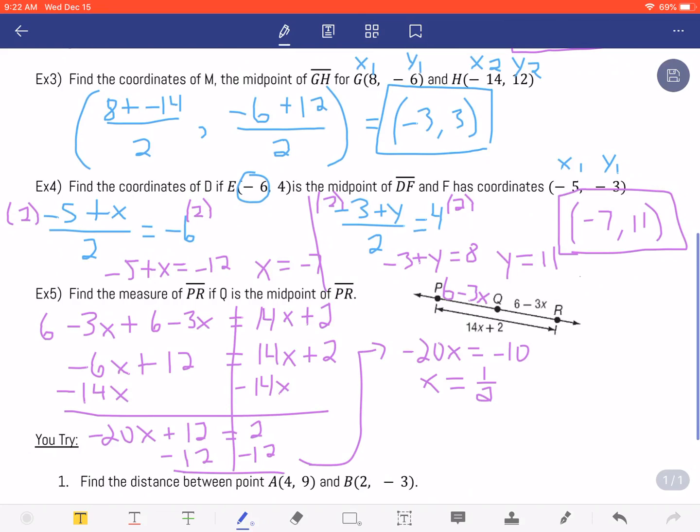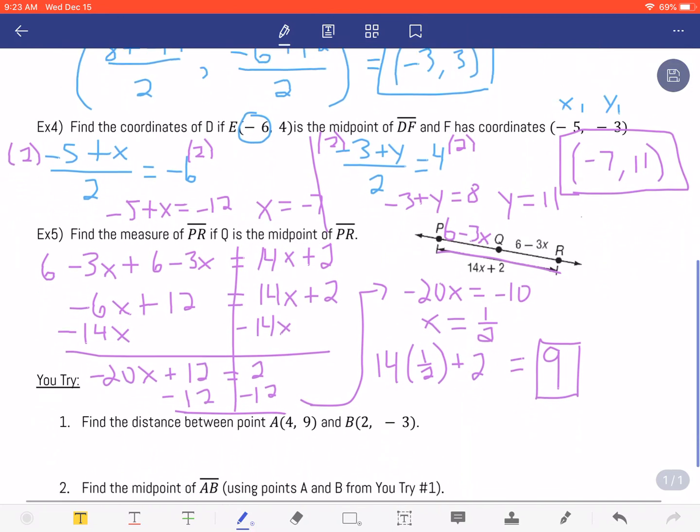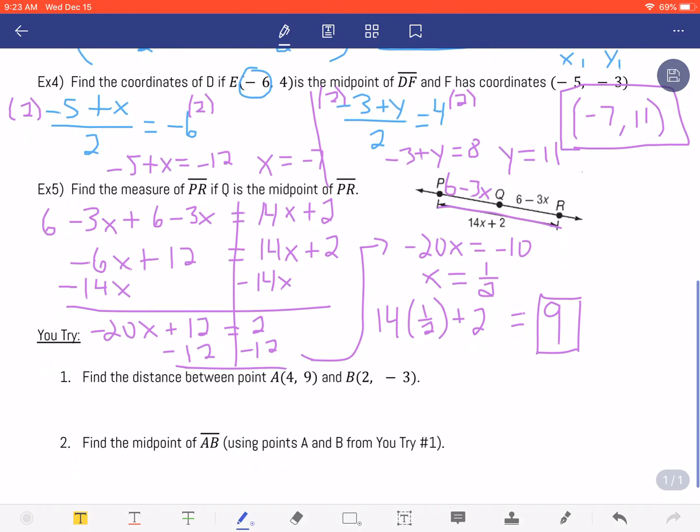But it doesn't want x, it wants to know the length of PR. So if I take my PR, which is right here, and I substitute that 1/2 in, half of 14 is 7 plus 2 is 9. So PR would be a length of 9. Alright, you try the last two on there.